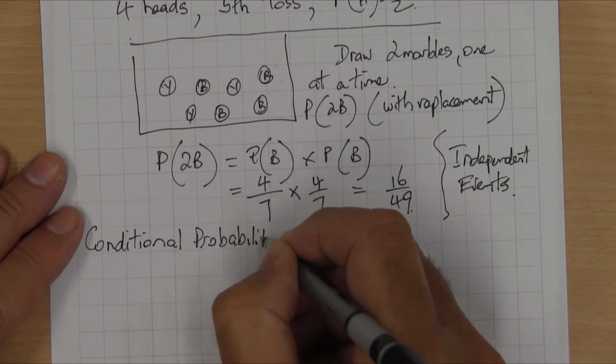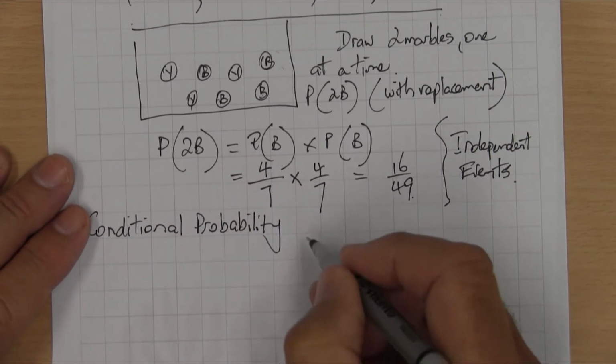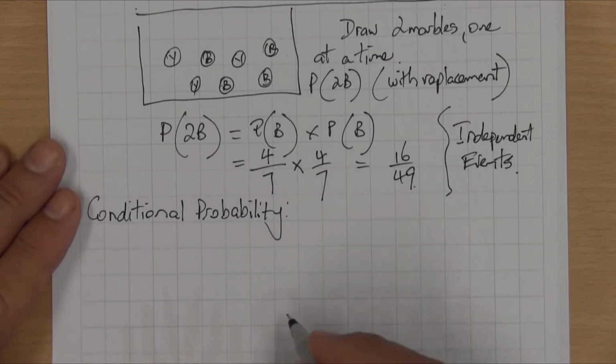Conditional probability involves events that are not independent, in other words they are dependent.